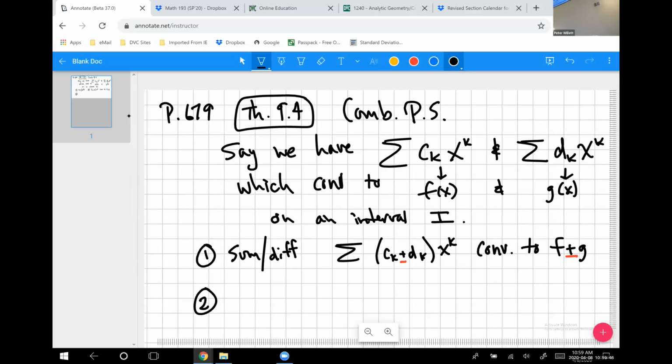Questions about that? Basically, this is the kind of thing we always think we can do. If you're adding up two infinite series, then you can add up all their terms, and the resulting converging values should be added as well.